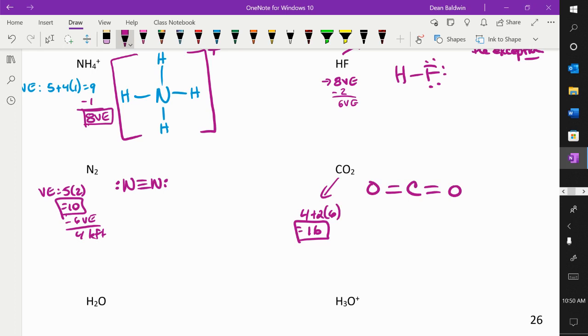Okay. How many valence electrons are in those 4 bonds? 8. There's 8 in those 2 bonds. So that means there's 8 left over, right? I have to distribute those. Do I need to put them on the carbon? No, because carbon's got its 8, right?